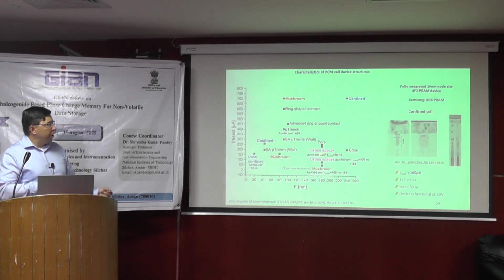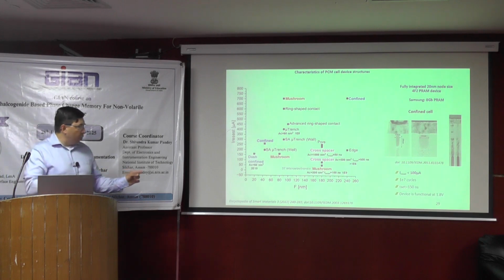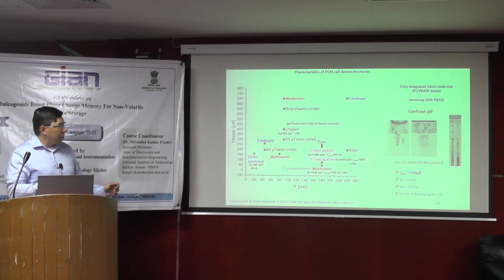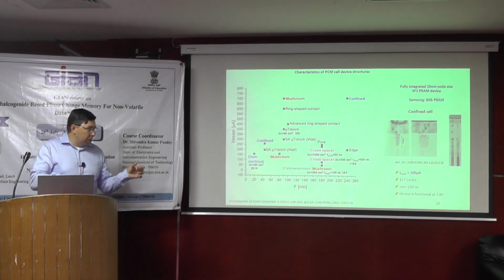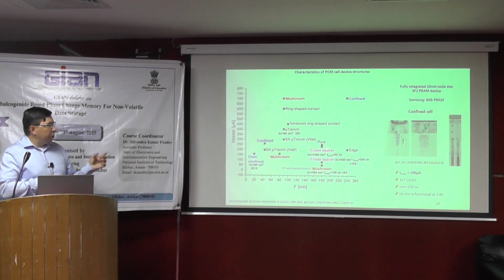As you can see, this is the cross spacer cell, with different contact area, different reset, different length of the pulse, like 50 nanoseconds or 500 nanoseconds, and you see that in one case you need less current, and in another case more current.